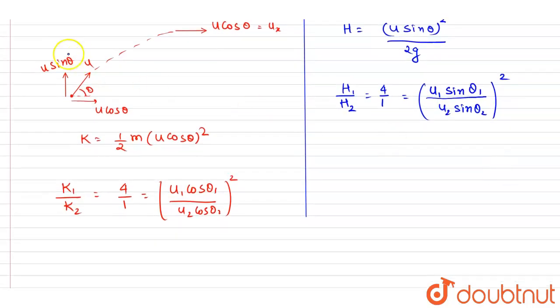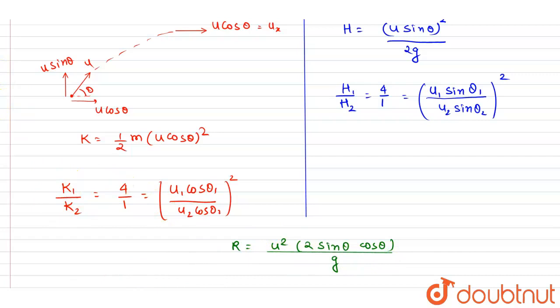Right? Now if I talk about the range, we know that the range formula is u square sine 2 theta by g. So I can write down the sine 2 theta as 2 sine theta cos theta by g, right? So if you see here, we already got the ratio of u cos theta and u sine theta.